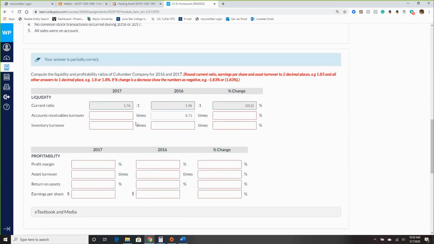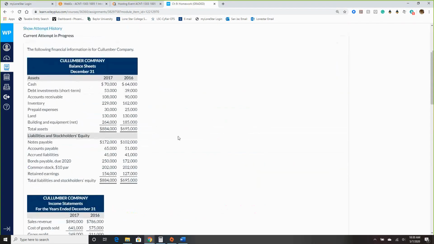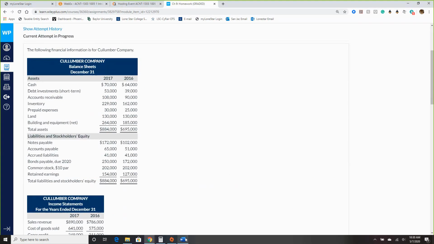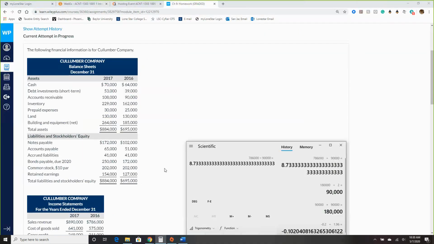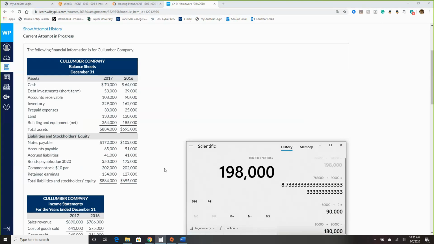Okay. Now for 17. Calculator. We know we have 108. That was 17 plus 16 divided by 2. We have 99,000. Okay. Then of course we want to divide that into our sales.